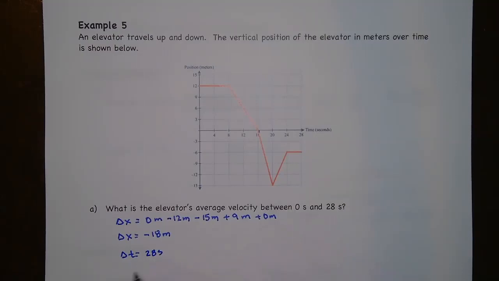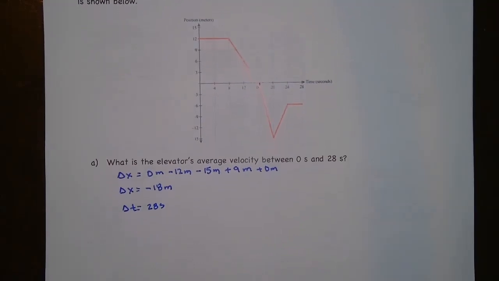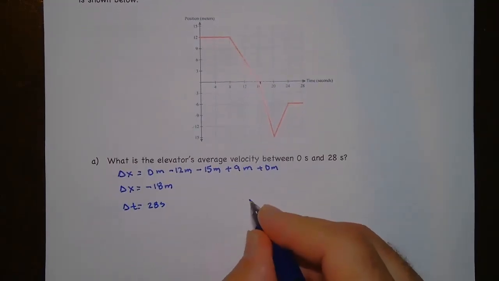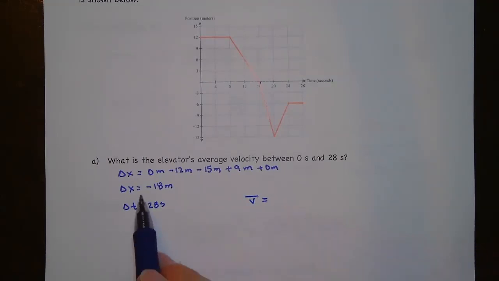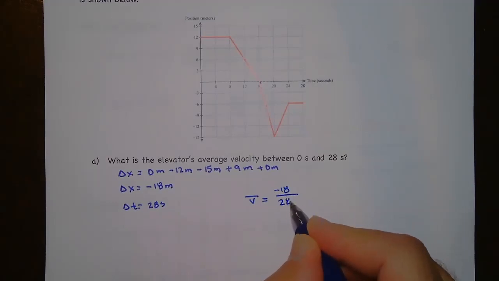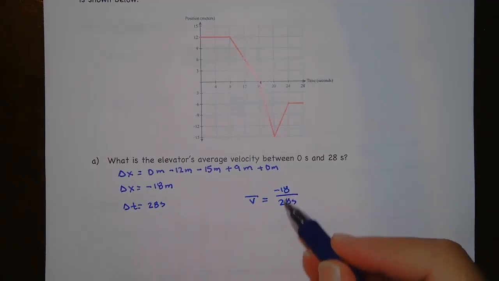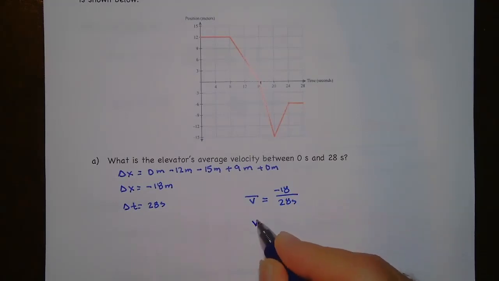By the way, I should have said this, delta t is always going to be positive, okay? So our average velocity, v bar, is equal to our displacement, which is negative 18, divided by 28 seconds. Now, each of these has 2 significant figures. So when we divide this, our answer should have 2 significant figures, okay?